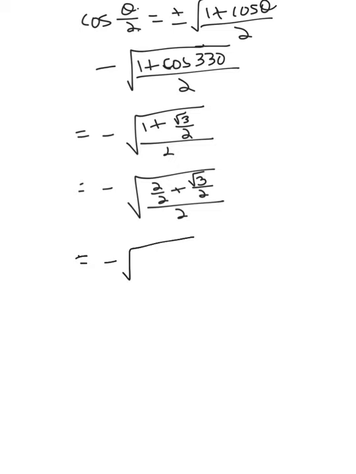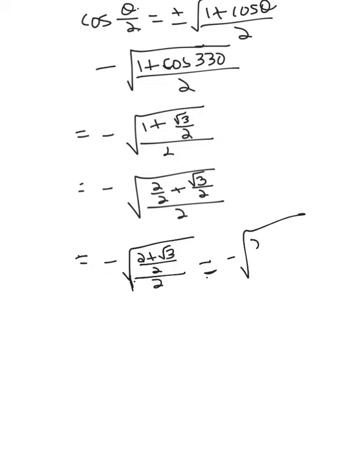Now our numerator can be written as 1 fraction, 2 plus the square root of 3 over 2, and all that's over a 2. And all that is within your square root symbol. Because we have a complex fraction, we are going to multiply by the reciprocal of the bottom.